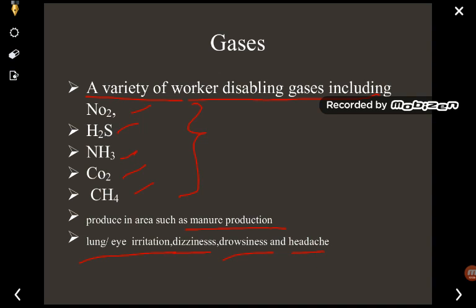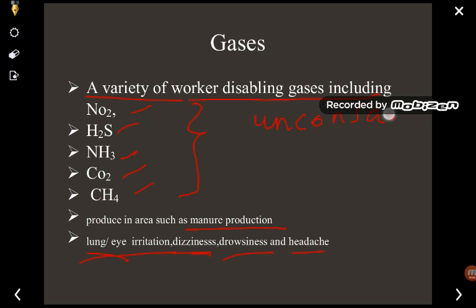And high levels will quickly render a worker unconscious and death will follow. अगर लो लेवल पे हुआ तो it may affect the lungs, eye irritation, dizziness, छोटा मोटा. We can say that we will feel weakness, a sleeping-like tendency can be seen. But if a person is exposed to the high level, then they used to become unconscious.